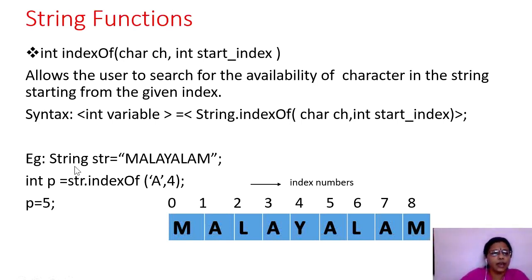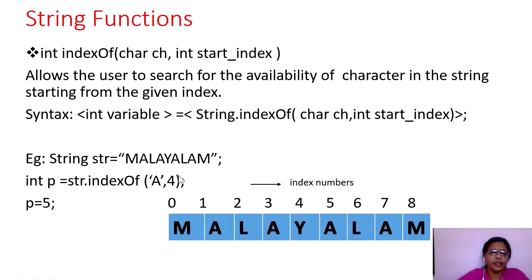Now you can see I have a string str and I have stored Malayalam. Clear? Now if you look into this, you can see the index numbers, indices are given from 0 to 8 for each letter of Malayalam. I hope it is clear till this.